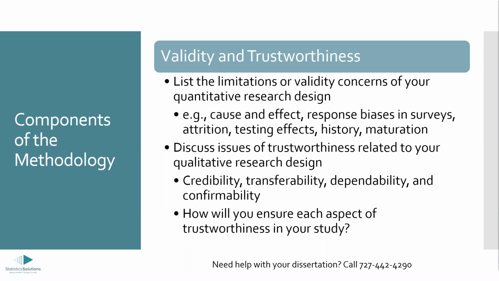If you're doing some kind of longitudinal or repeated measure study, you might talk about things like attrition, testing effects, history, or maturation as limitations or potential threats to the validity for the quantitative data.